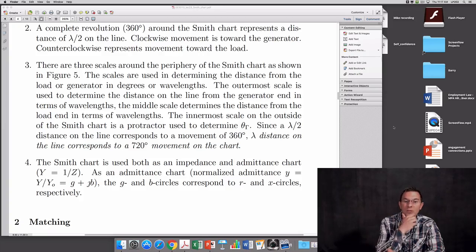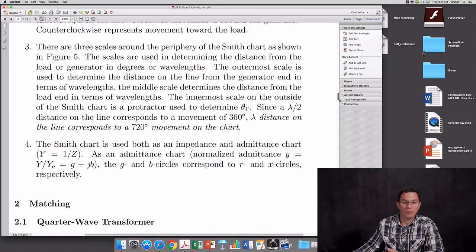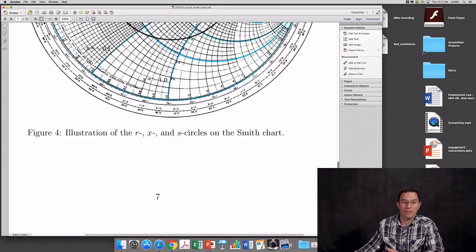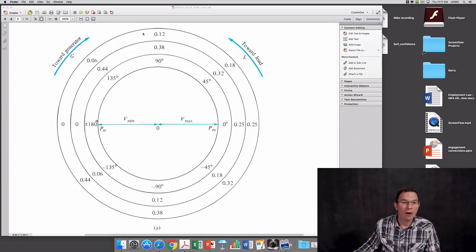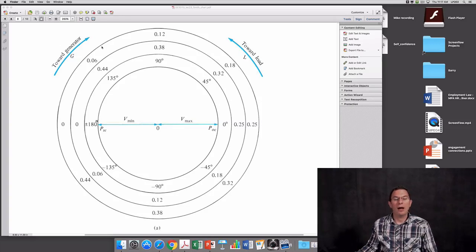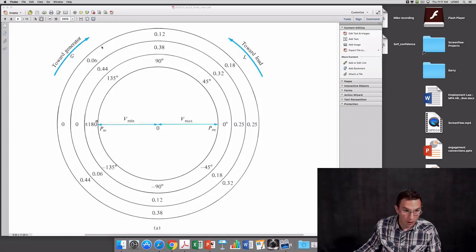The innermost scale is a protractor that's used to measure the angle of the reflection coefficient. All right, let's have a look here at Figure 5. So here we go. Here's this outermost scale here, and this outermost scale is telling you how far away you are from the generator in wavelengths.